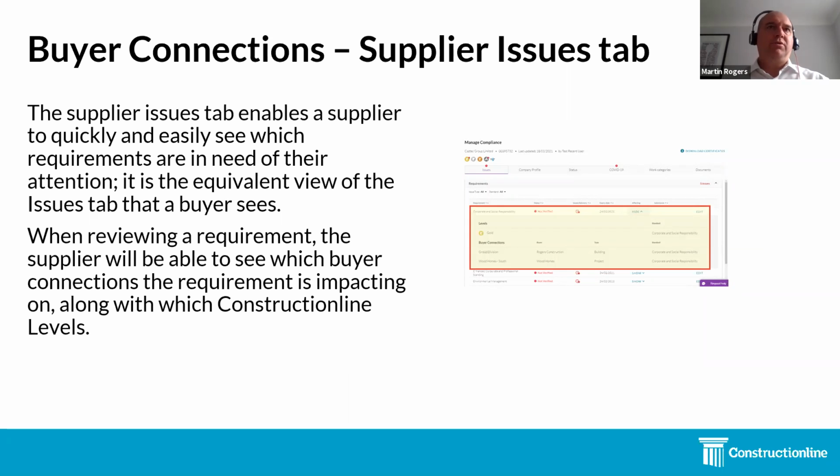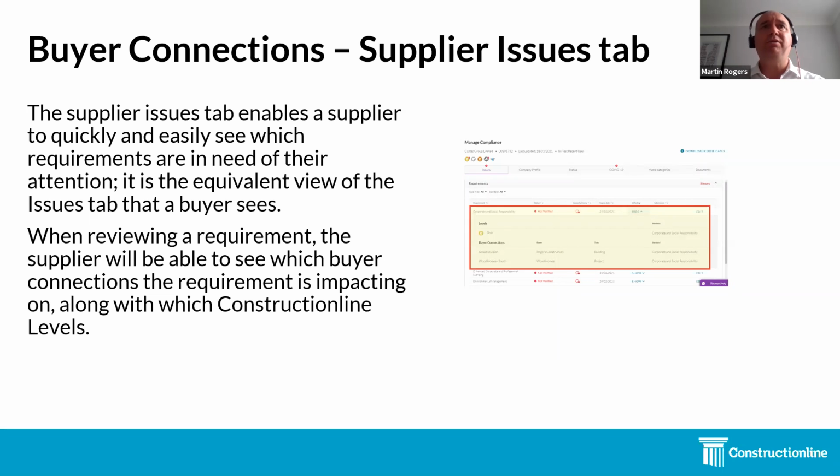What Buyer Connections also does is provide information that can help the suppliers get a better understanding of where requirements are due to expire or have expired, and the impact those requirements are having, because the impact doesn't just affect their membership or a specific Constructionline level, it also has an impact on the buyer connections that they're working on with you.